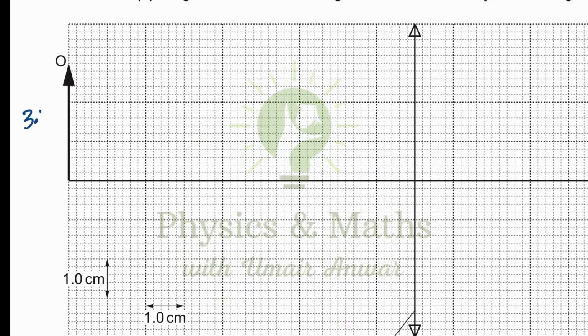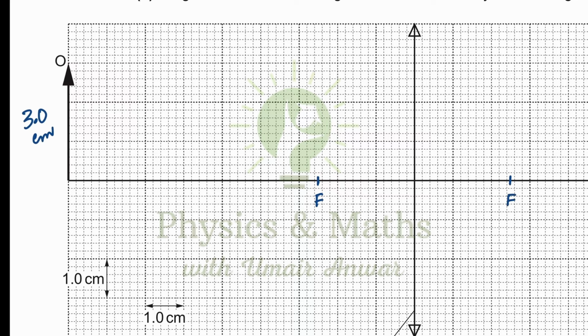The length of the object is 3 centimeters, so these 5 small boxes together represent 1 centimeter, then this is 2 centimeter, and it is 3 centimeter. For showing a length of 2.5 centimeter, we would take one division, then the second division or 2 centimeters, and then here would be 2.5 centimeter. So this is the principal focus on one side, and it is the principal focus on the other side.